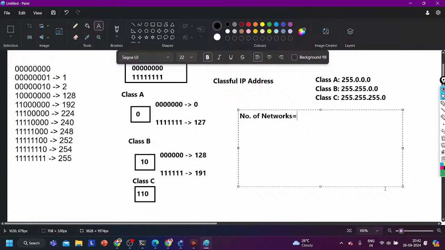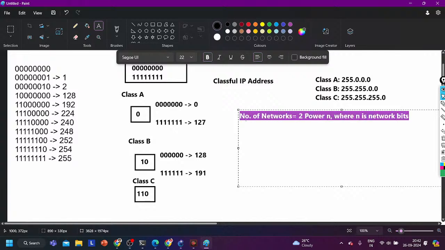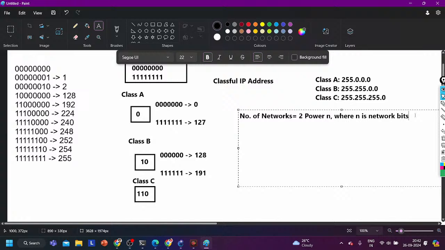The formula to calculate the number of networks is 2 power n, where n is the network bits. So from all classes you can calculate the number of networks. The formula is very simple, right? 2 power n, where n is the network bits.